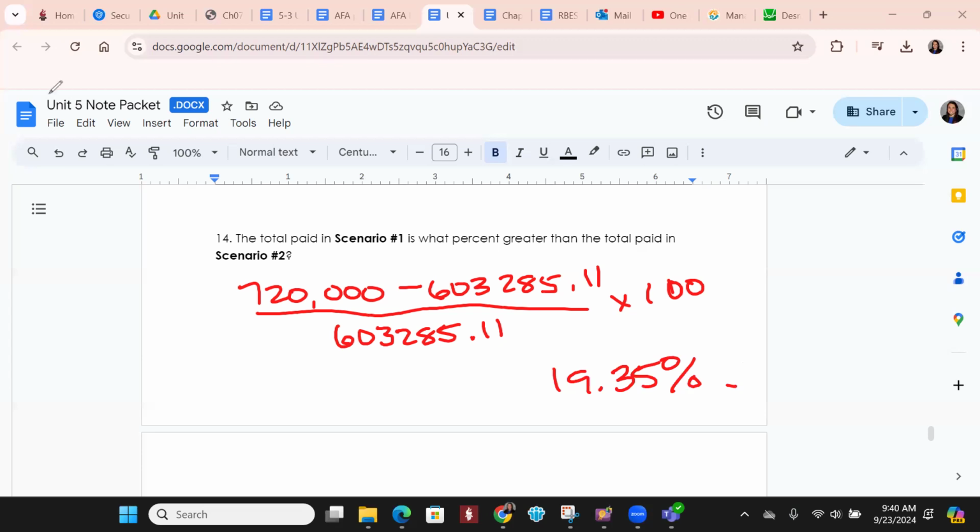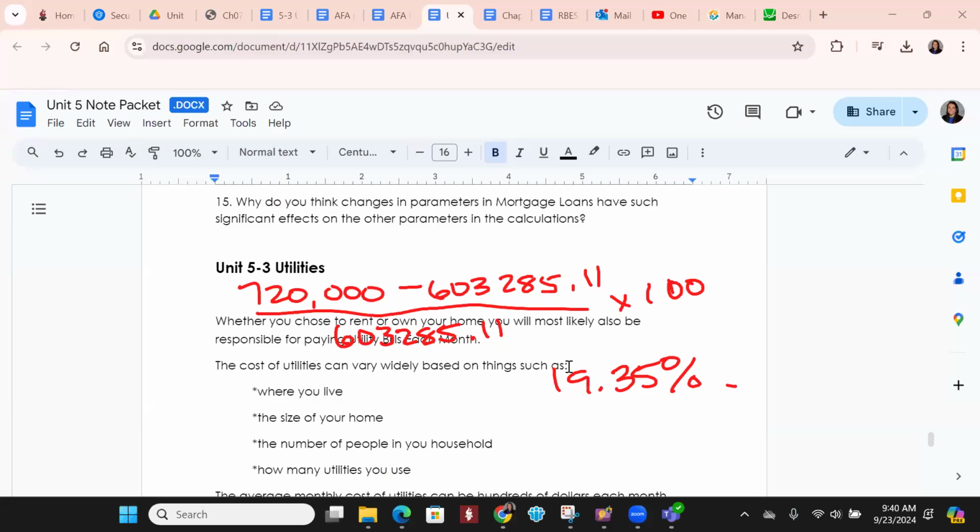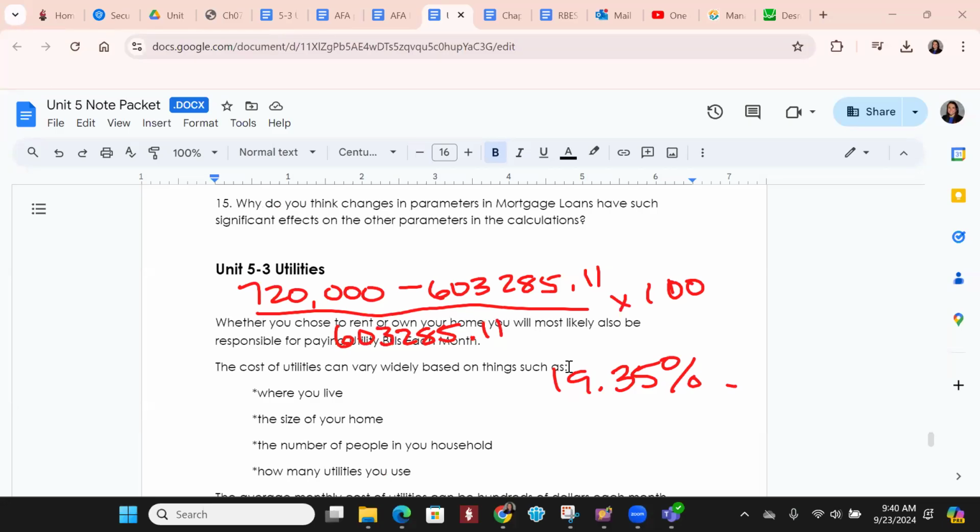Why do you think changes in parameters in mortgage loans have such a significant effect on other parameters and calculations?